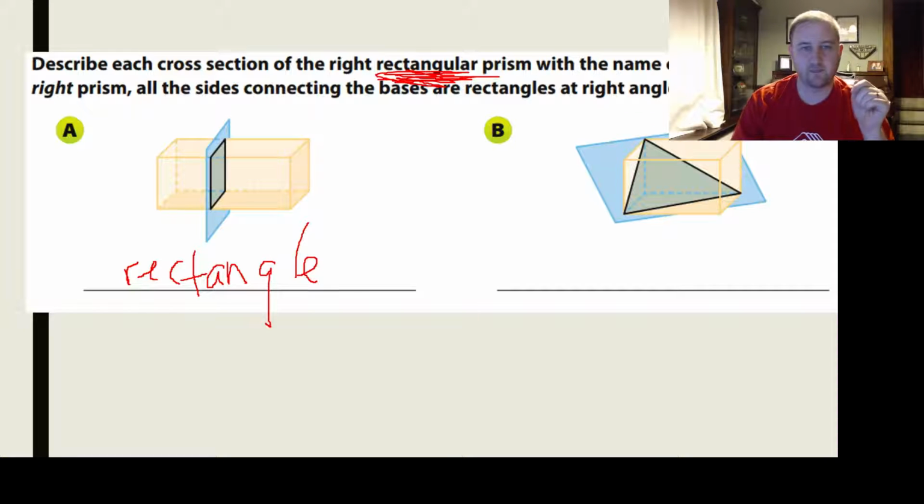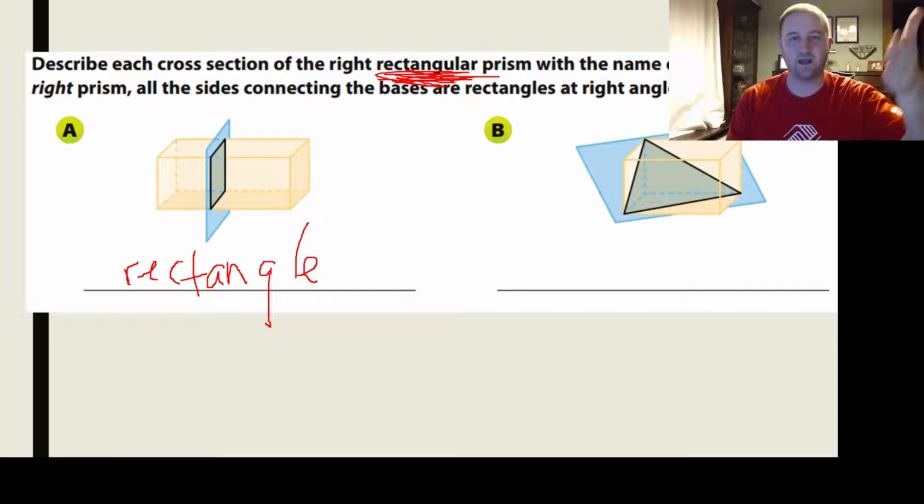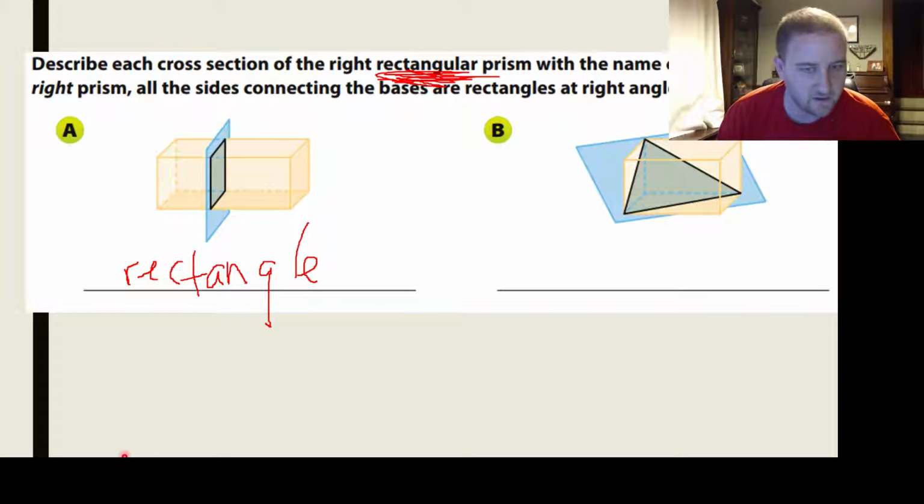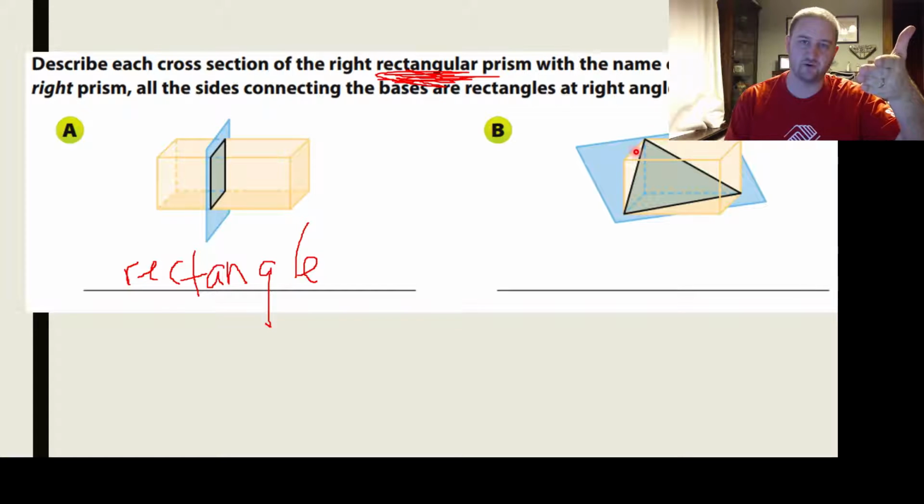Okay. Now let's look at B. B, it's kind of going at an interesting angle. So it's going in at this back angle, this back corner right here, and then it's slicing through at an angle so that it's crossing at this corner and at this corner, and it creates an interesting shape that you might not think of when it's crossing through a rectangular prism.